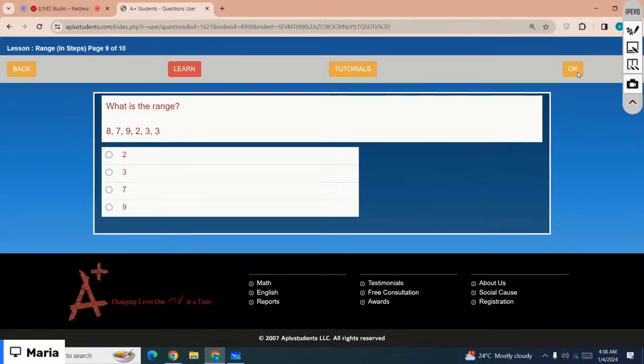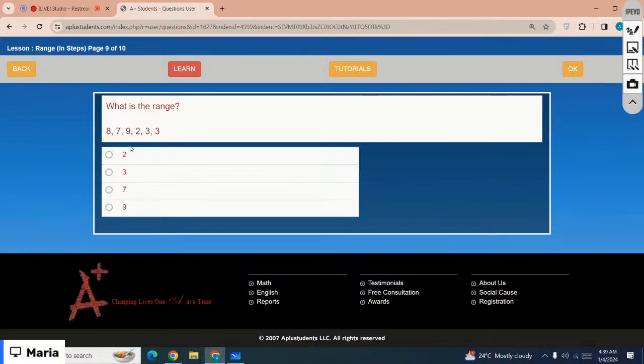What is the range? Which is the correct option? The correct option is 9 minus 3, and that is 6.